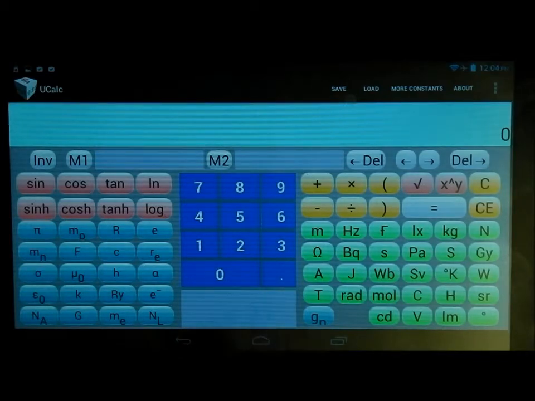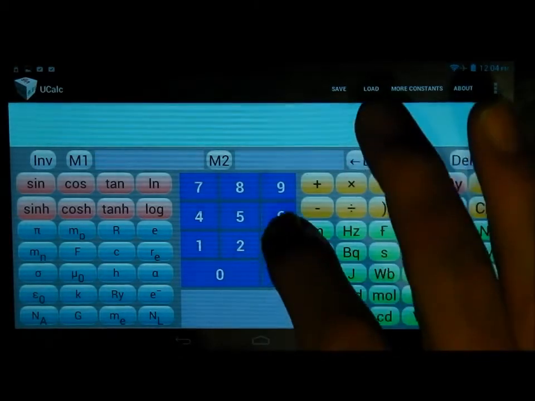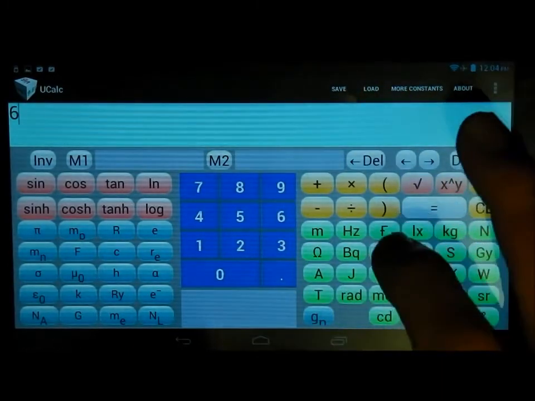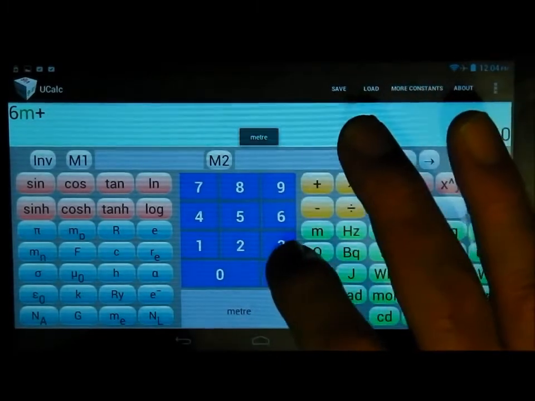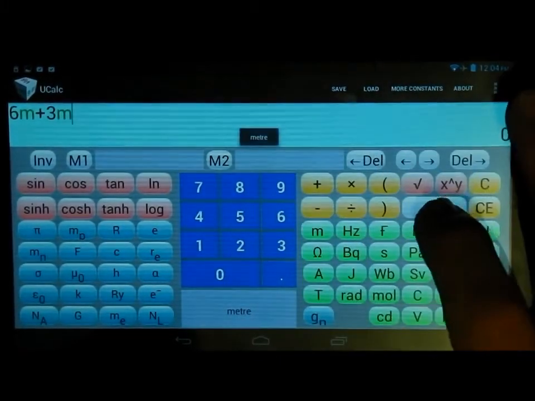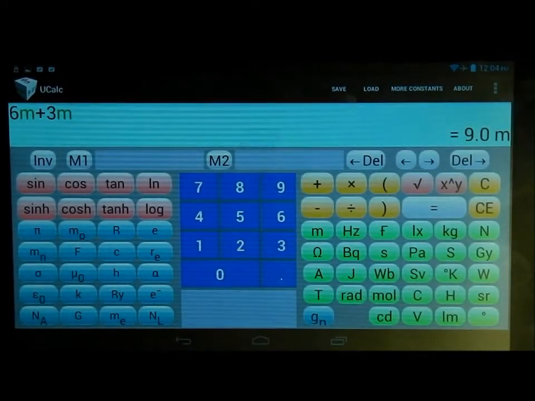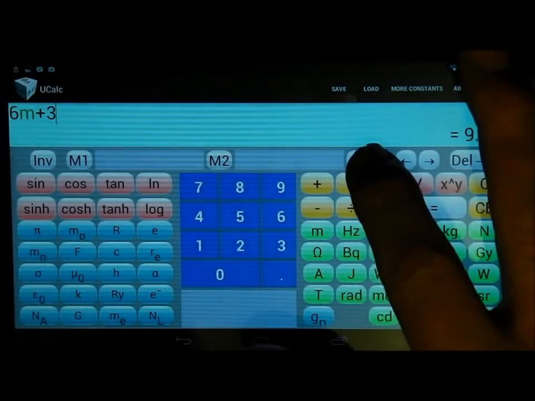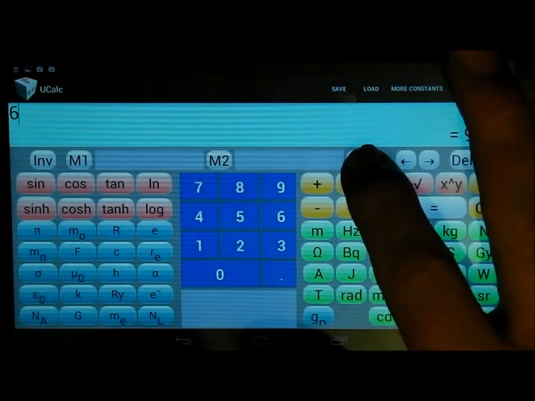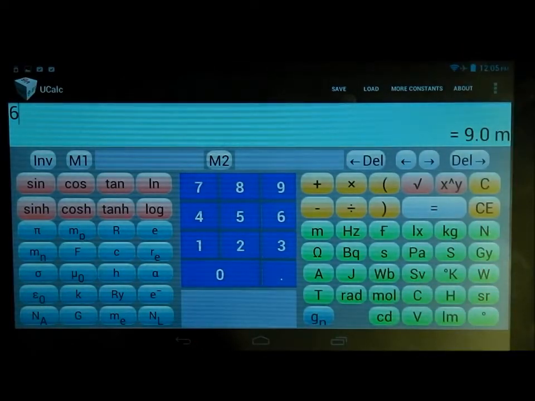A very simple example is, say, to add two lengths, say 6 meters plus 3 meters, and it gives the answer as 9 meters. Okay, that's a very simple result, but it's a significant one, because what this calculator will do is prevent you making errors.